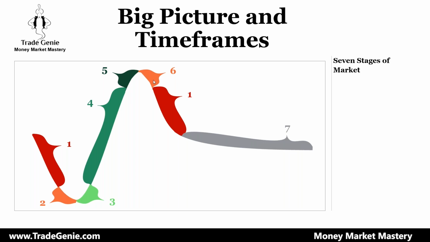Most likely it's not 5. If I look at the daily chart of Apple, it's in stage 6 right now. So who knows, it can create another stage 4, because after creating a stage 6, the market can do a stage 4.